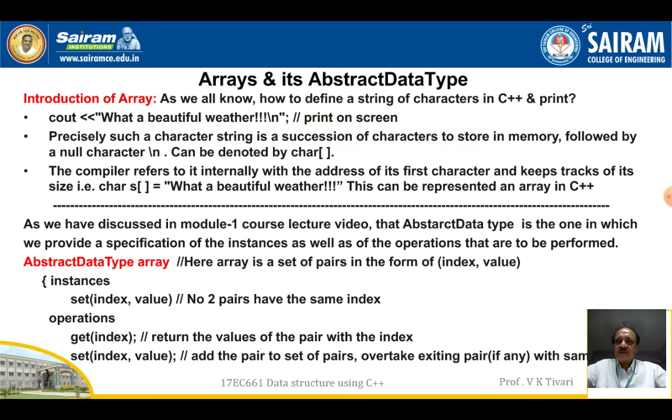Instances: we have to set index and value. No two pairs have the same index. Operations: get index, which returns the value of the pair with the index. Set index and value, which adds the pair to the set of pairs, overwriting the existing pair, if any, with the same key.